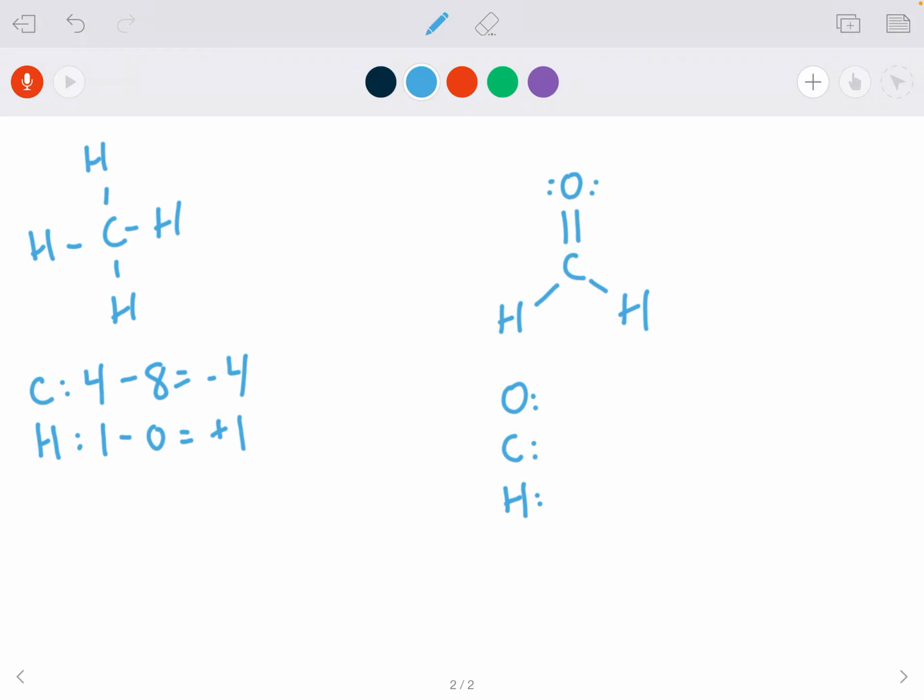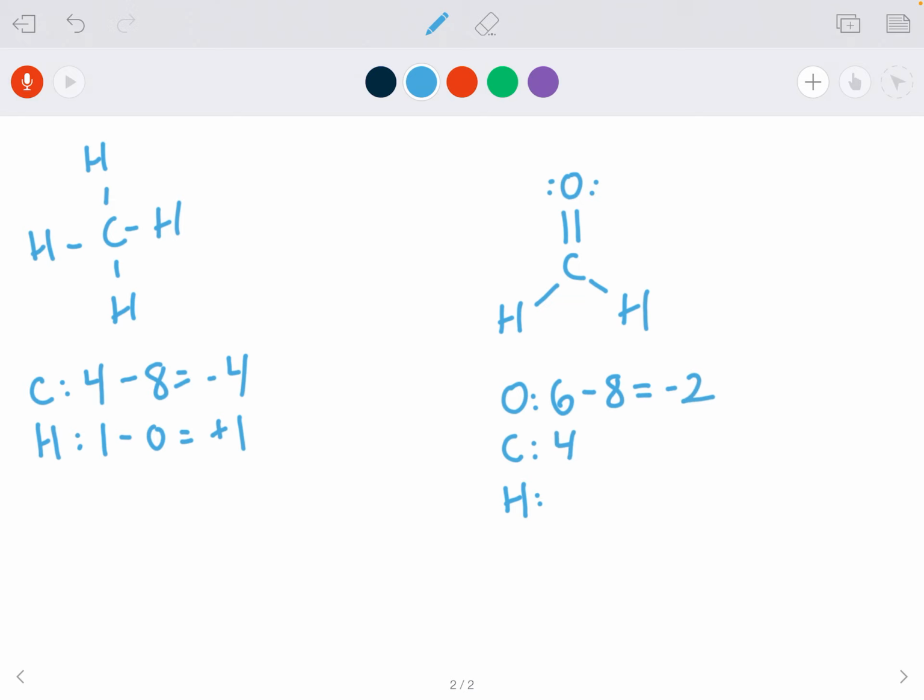Oxygen also has the 2 lone pairs. So assigning the oxidation state of oxygen, there are 6 valence electrons in oxygen, and it gets all 8 of those assigned electrons, the 2 lone pairs and all 4 from the double bond, to give an oxidation number of -2.